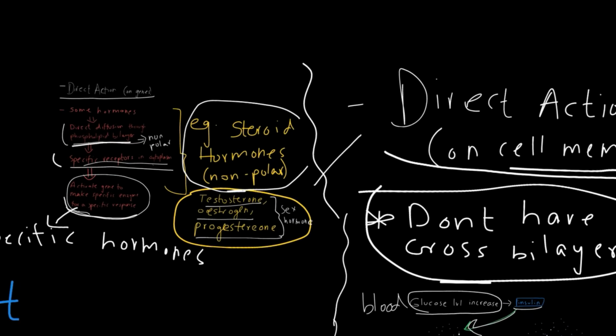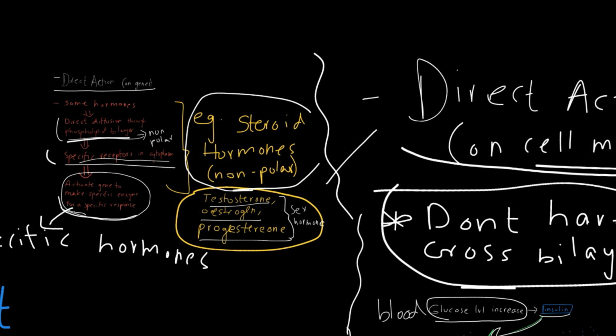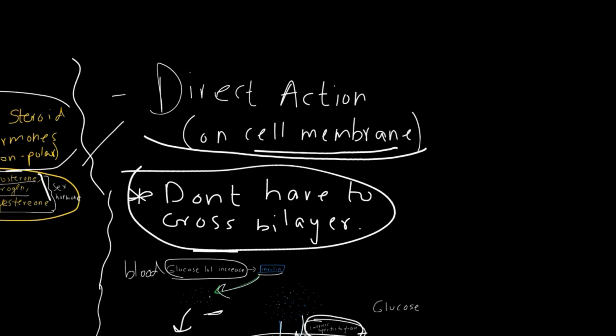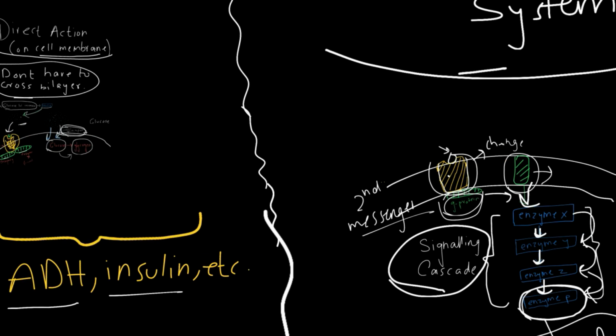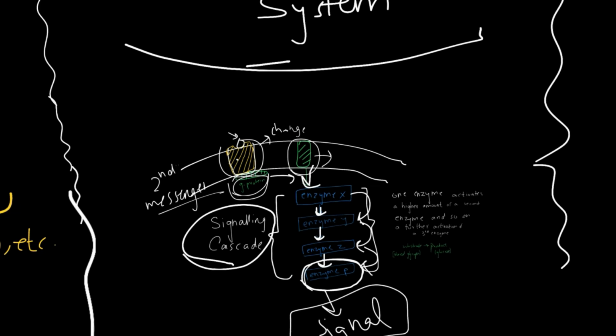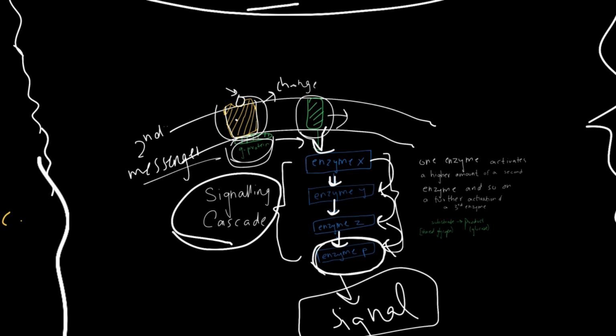For example, direct action on genes had steroid hormones, most of them sex hormones. Direct action on the cell membrane had ADH and insulin, and then there was the third one, the second messenger system, where a specific receptor received a hormone and then changed shape. It activated a G protein.